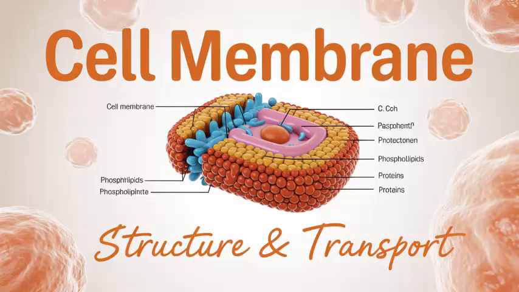Now I am discussing types of endocytosis. Very simple. First is pinocytosis, cell drinking, drinking water like water. Phagocytosis, cell eating.